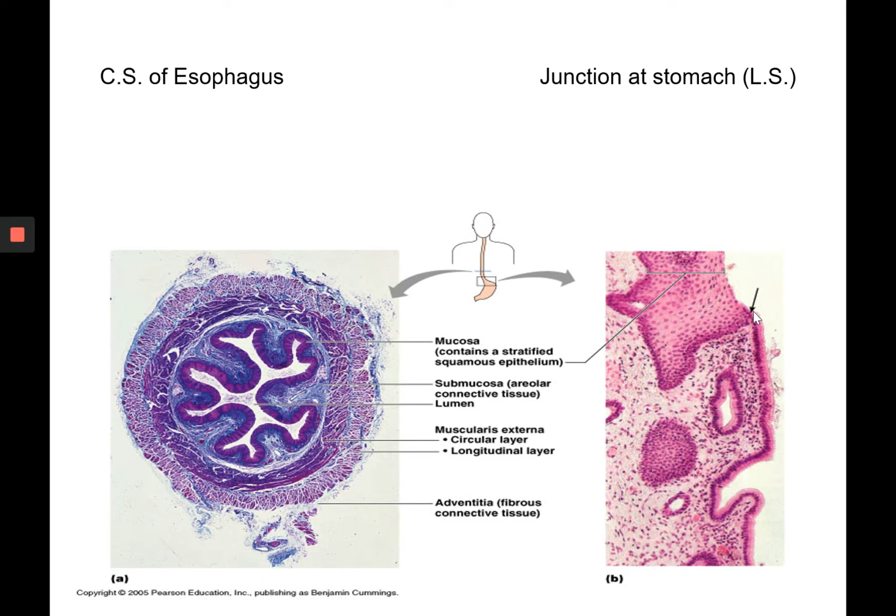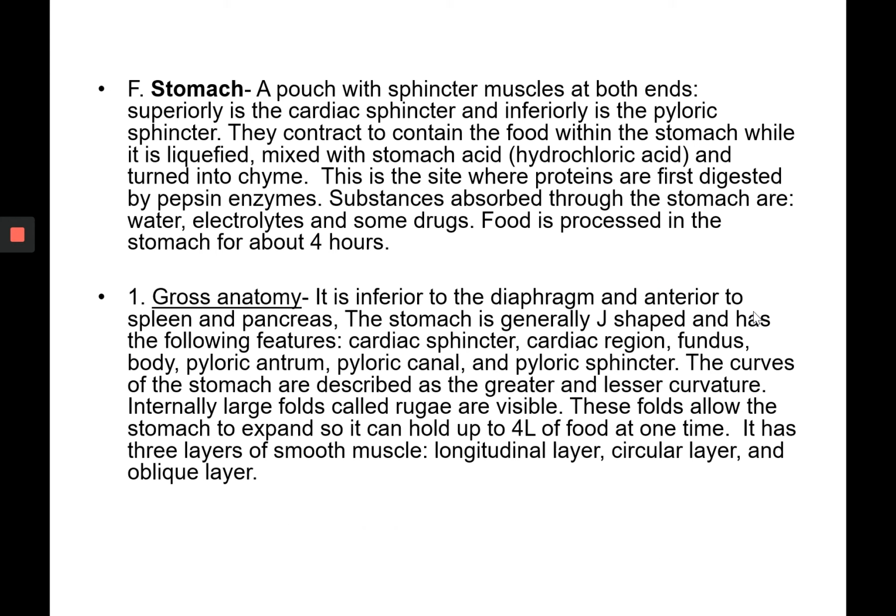So far we've looked at the mucosa of the oral cavity, the oropharynx, the laryngopharynx, and now the esophagus. All the structures that we've looked at so far had stratified squamous as their mucosal epithelial sheet. When we move into the stomach, we'll be looking at a different mucosa. This mucosa is mainly simple columnar with gastric pits.